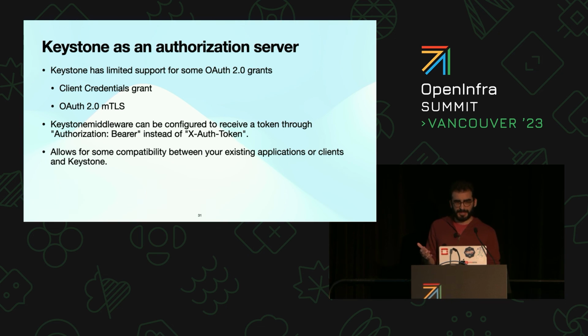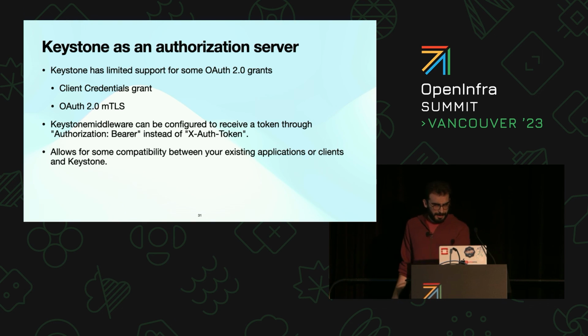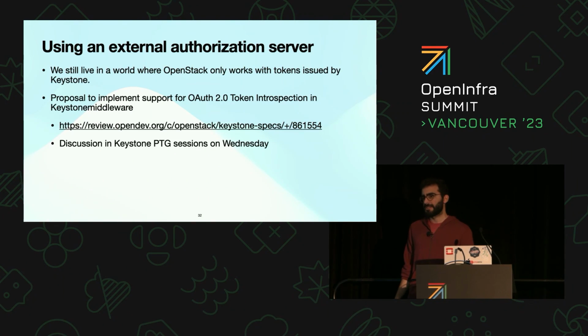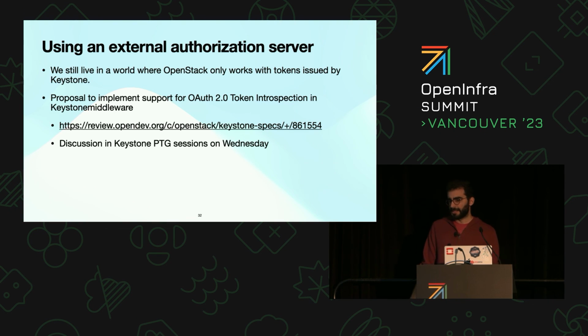And Keystone middleware can also be configured to receive a token through the authorization bearer header rather than through X-Auth-Token, which it has always been doing. All of this allows for some compatibility between your existing applications and clients that have been written for OpenID Connect and OpenStack.